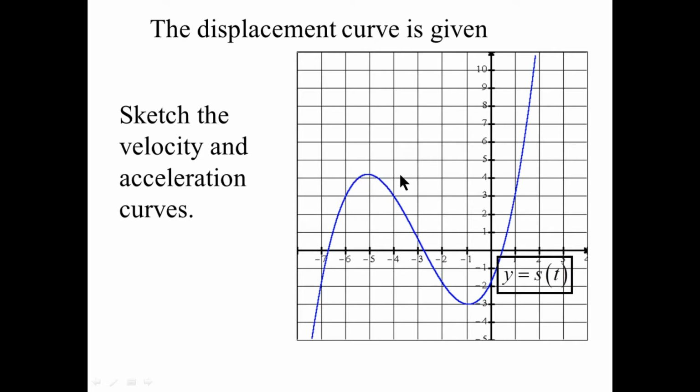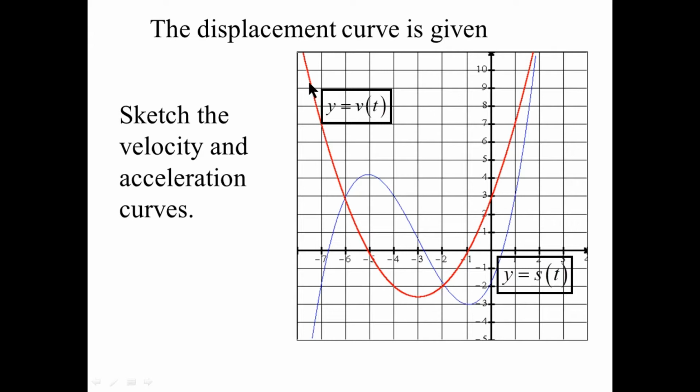Horizontal tangents occur at these mountain tops or these valley bottoms. So right about there, I expect to see a 0, an x-intercept on the derivative. And right about there, I expect to see a 0 on the derivative. And I expect to see a parabola that opens up. y equals v of t.